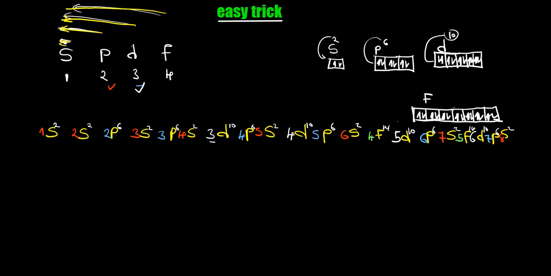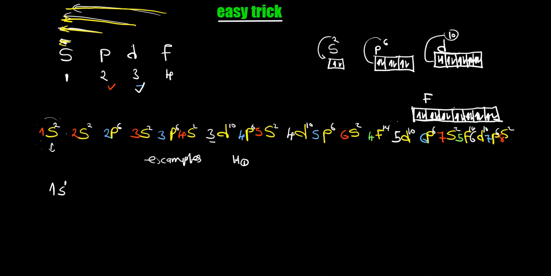Now I'll look at the proton number, for example for hydrogen. Hydrogen has a proton number of 1. So I'll just get that one. That will be just 1s, with just 1 electron.